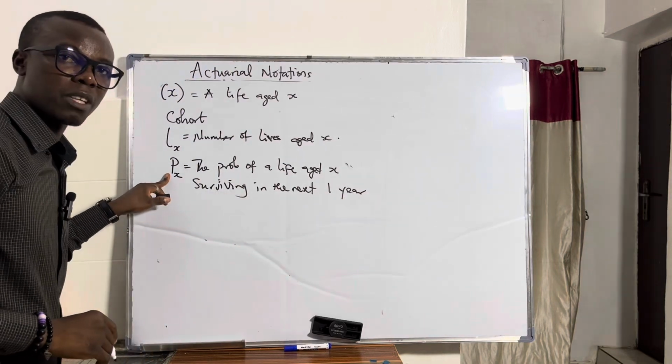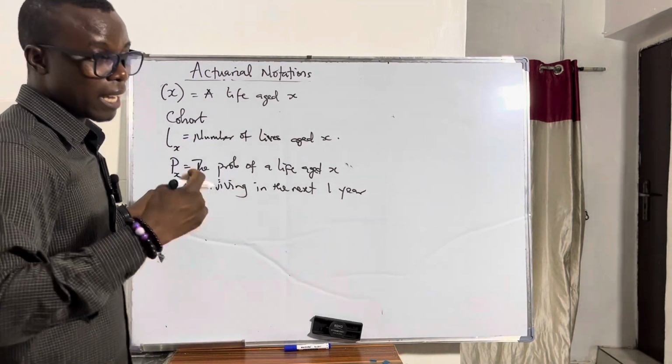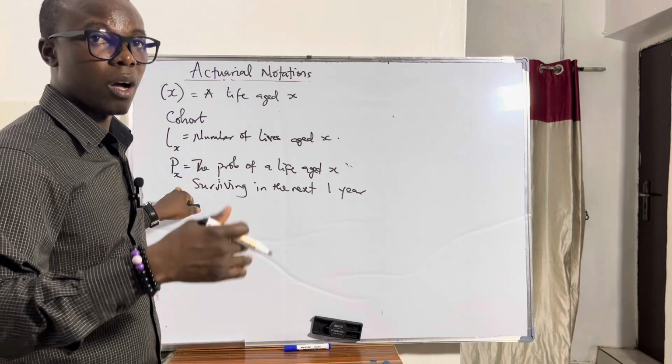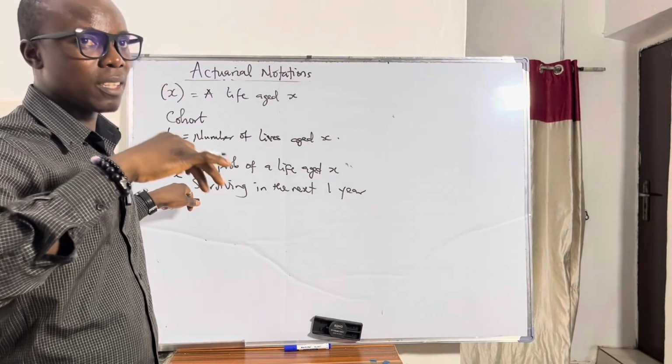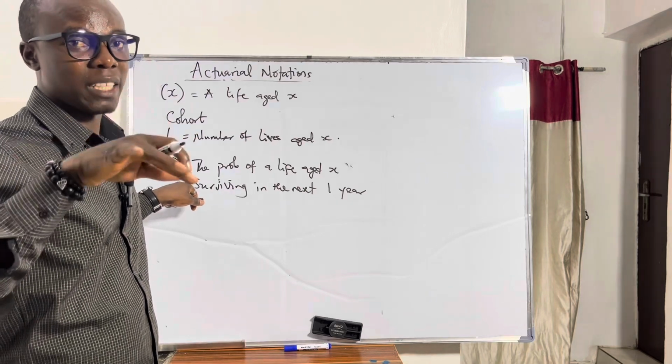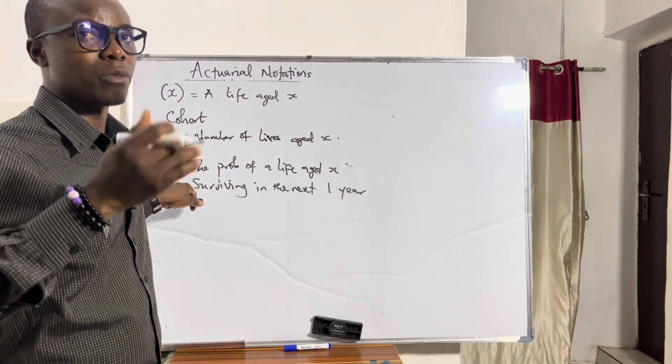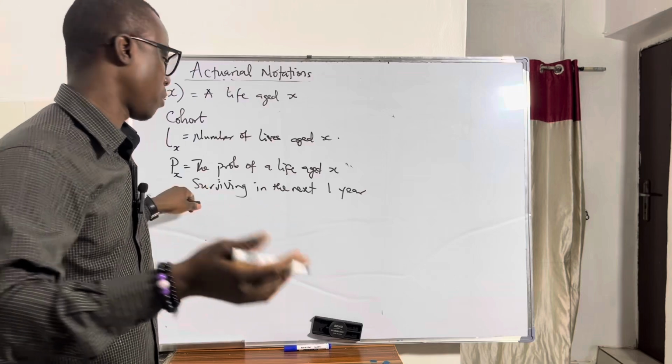That's what we have, p subscript x. But anything greater than 1, we denote with n. It's not generally acceptable, but for most authors, we make use of n.